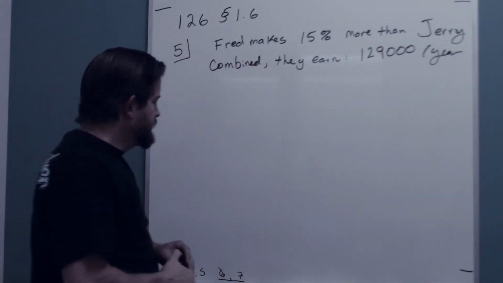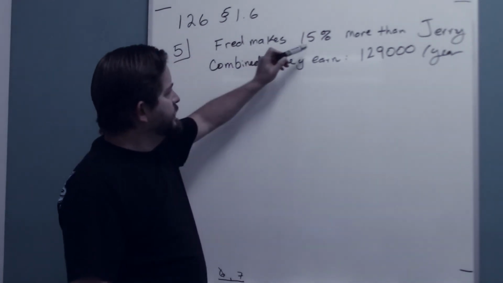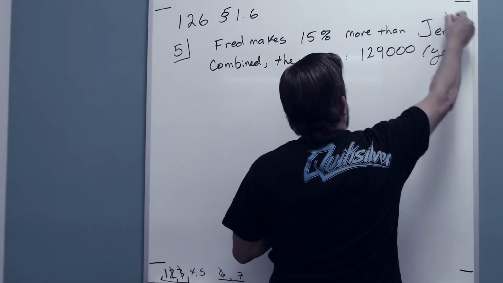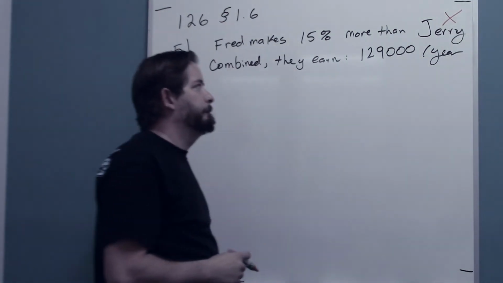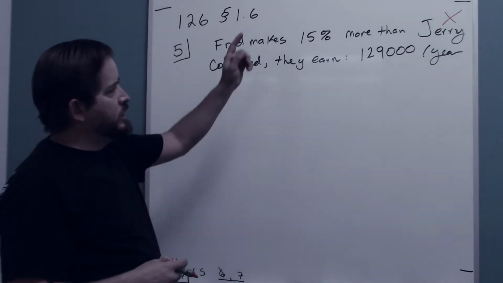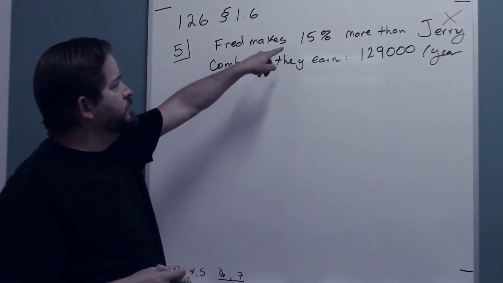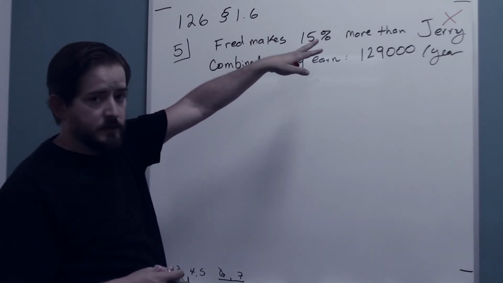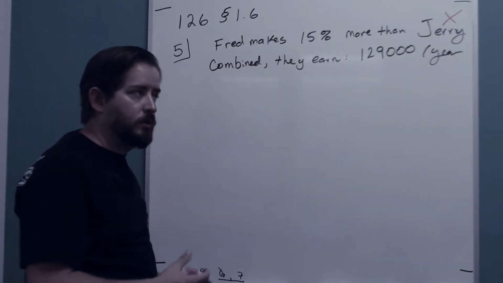Because Fred makes something compared to Jerry, I'm going to say that Jerry makes X dollars, right? And if Jerry makes X dollars, Fred making 15% more than him is what he makes, the X, plus 0.15 more than that.